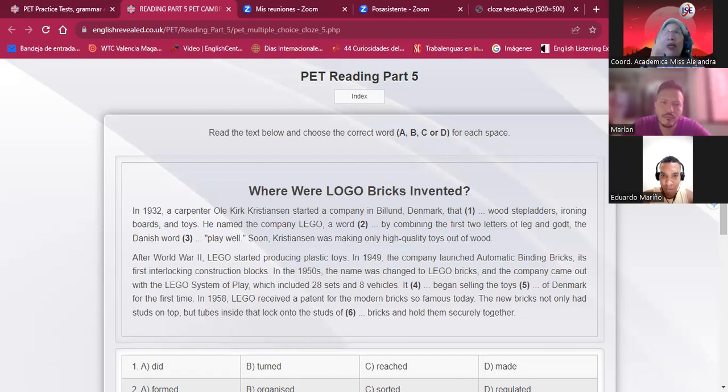Let's take 30 seconds instead. Remember, skimming, read fast, get the main idea. What is this text about? 5, 4, 3, 2, 1.